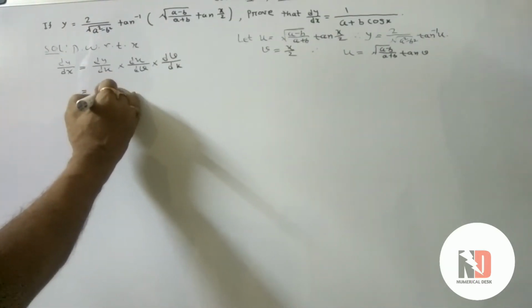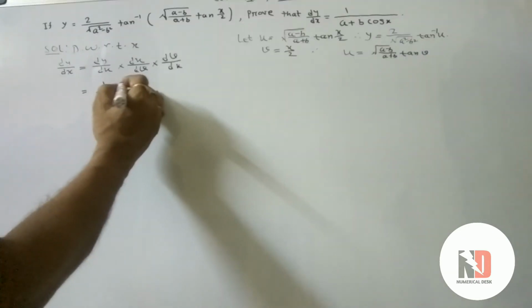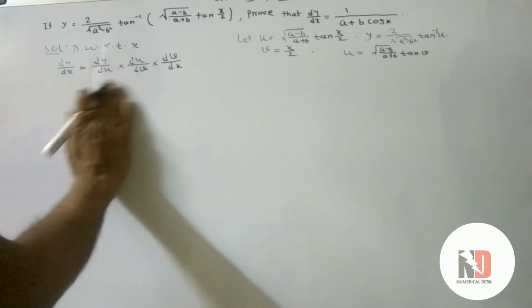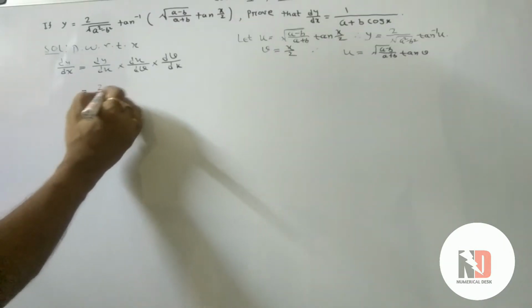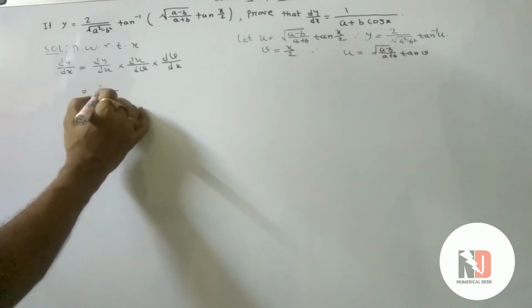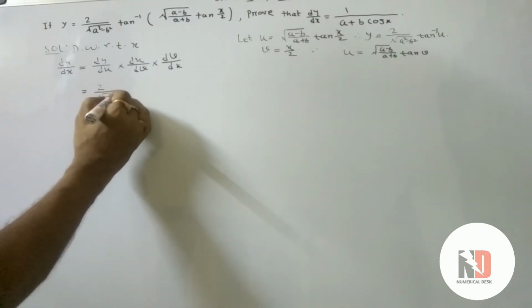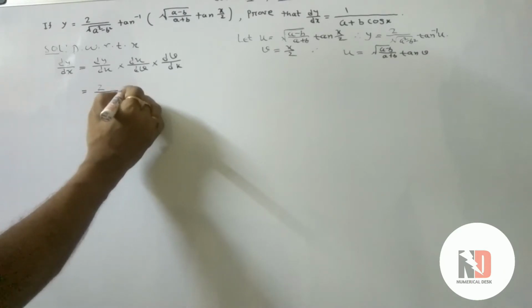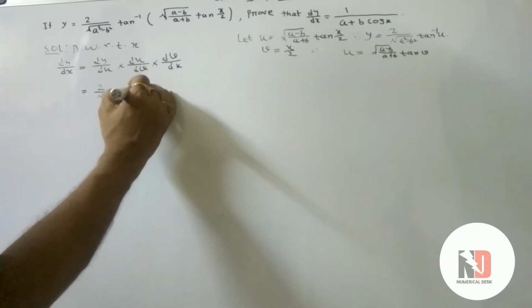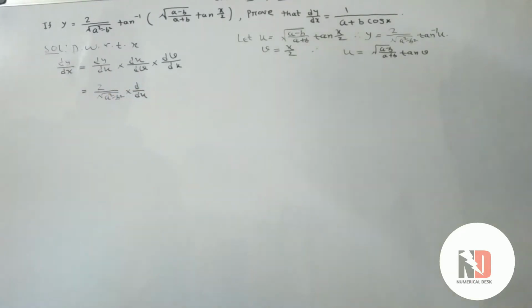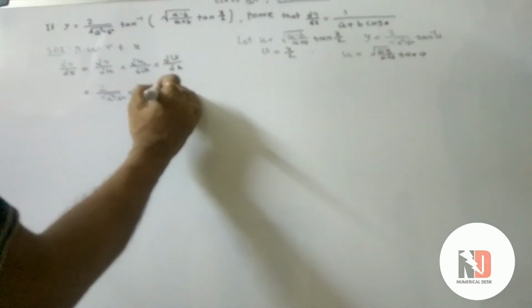Now dy by du, y equal to in terms of u. Look, the sum is going on very easily, and see the sum very carefully. It is very important for all of you.